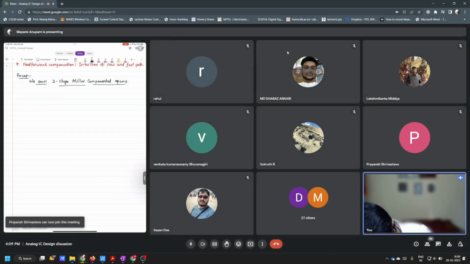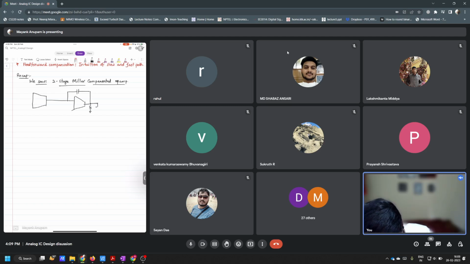And how did it look? We have this op amp first, and then we have another op amp. We have another capacitor here, which is providing Miller compensation. We have its output resistance. We have a load capacitance here. We have GO2. This is minus GM2.